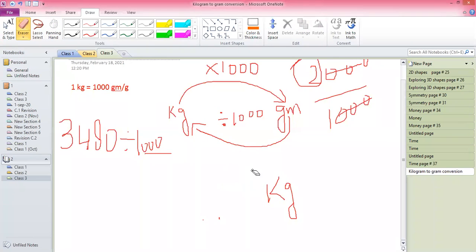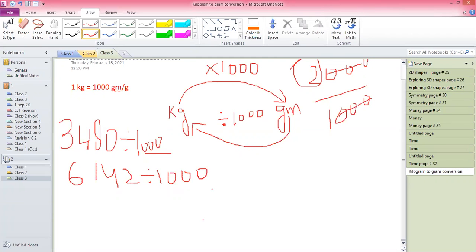You can see here, how many kilograms, how many grams? 6,142 grams, right? So this is 6,142 divided by 1000. When you divide any number by 1000, what will you do?